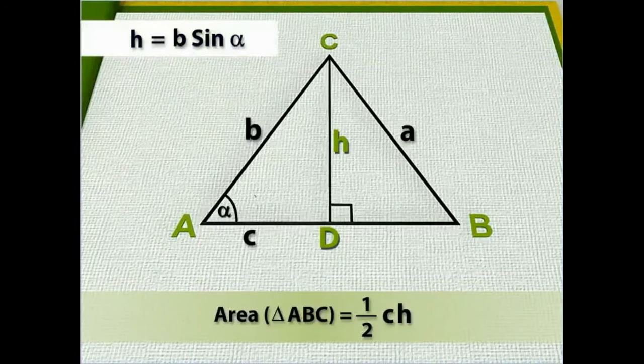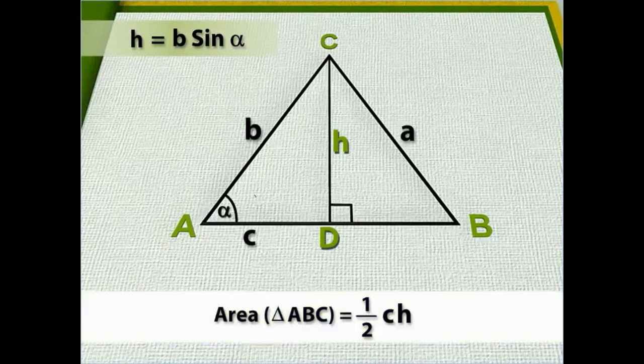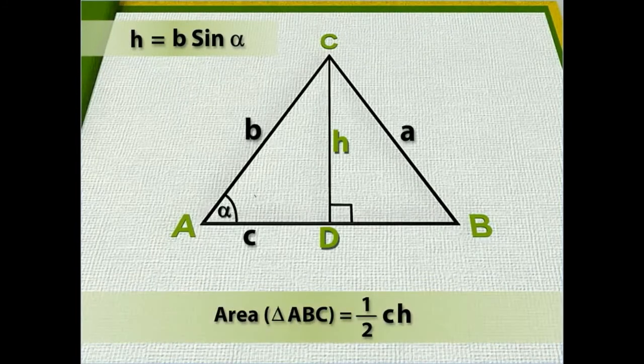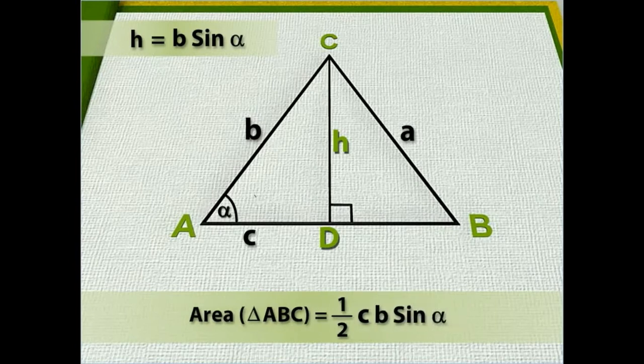Substituting this value of H in the expression for the area of triangle ABC, we get its area as 1/2 into C into B sine alpha. Thus, the area of this triangle is equal to 1/2 of the product of its sides and the sine of the angle formed between them. This result is true for every triangle.